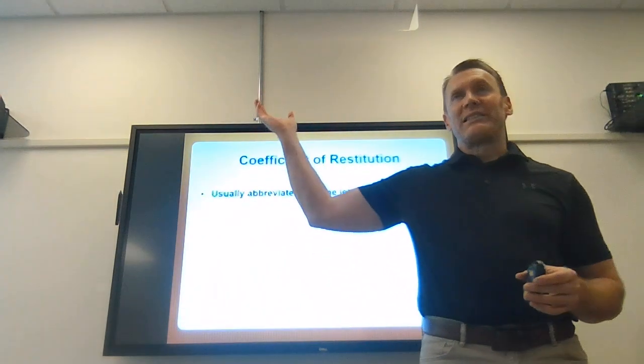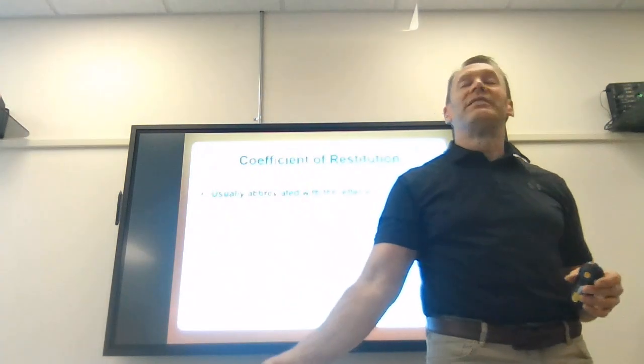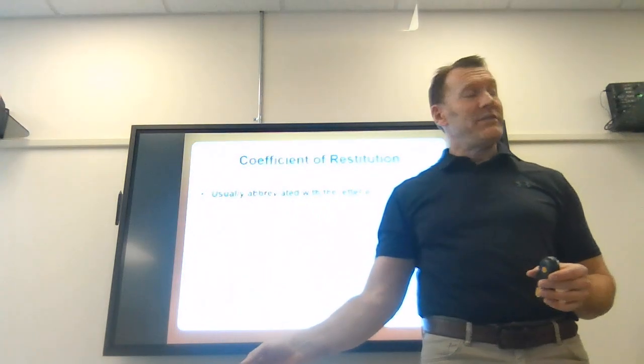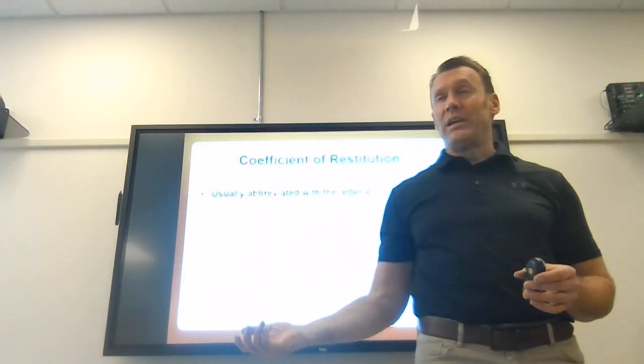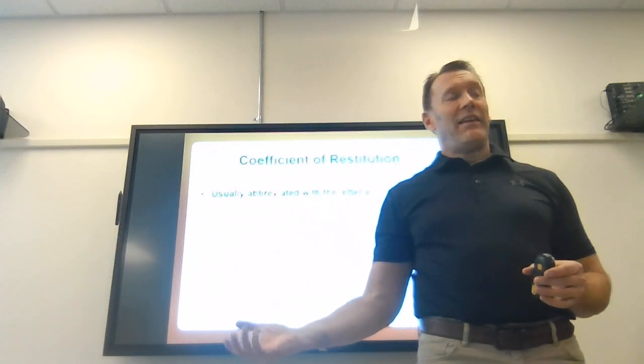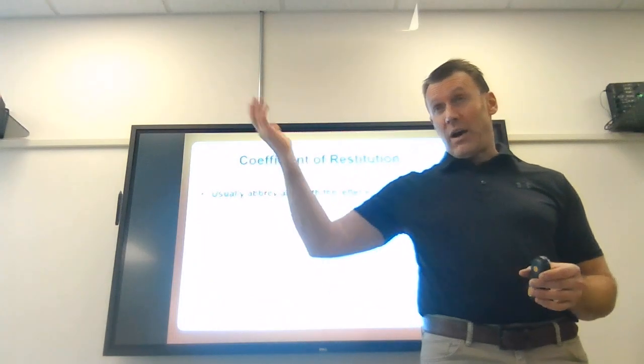So I dropped a basketball from 6 feet, and gravity accelerates it towards the ground, and it impacts the ground, and then a certain amount of the momentum it had before it hit the ground is restored after the collision, as indicated by how high it bounces.